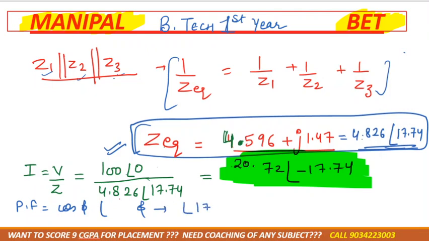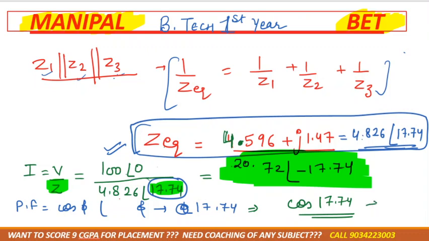Okay, that means phi is how much? 17.74, because what we are getting is the angle of impedance, 17.74 now. So it would be cos phi is equal to cos of 17.74, right? Can you solve it and then tell me the answer?